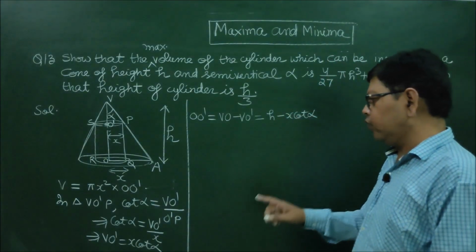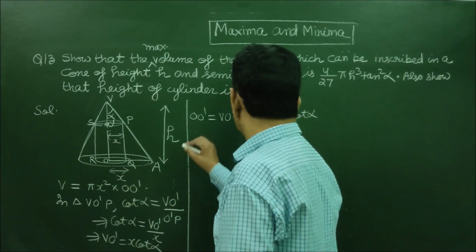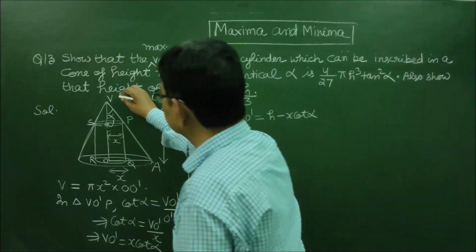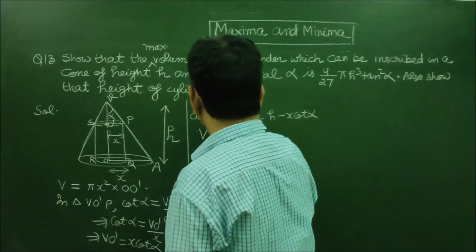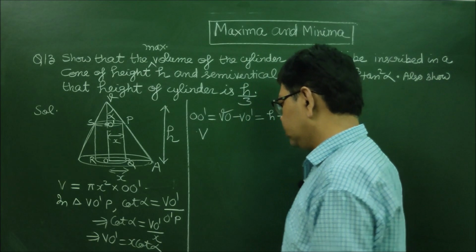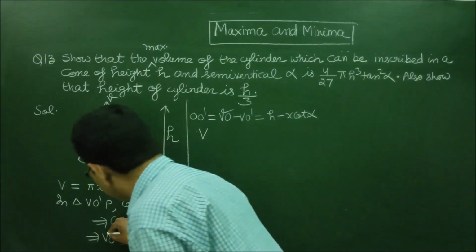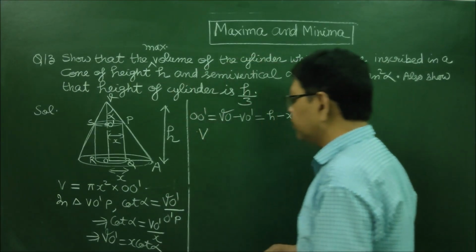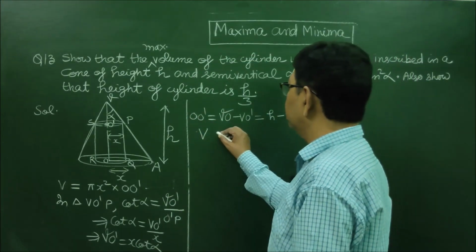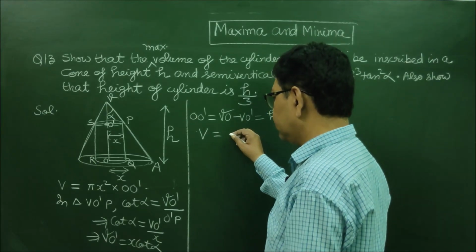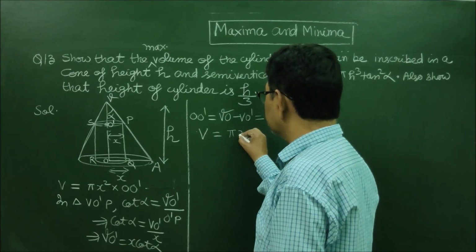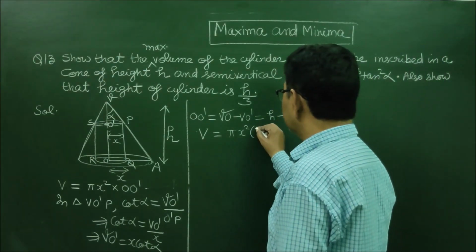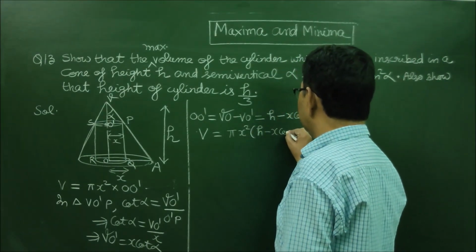So putting this value in the equation of the volume, I must take it as small v for the vertex, and capital V for the volume. The volume V is equal to pi x square into OO dash, and the value of OO dash is h minus x cot alpha.